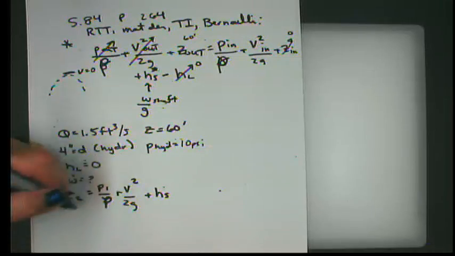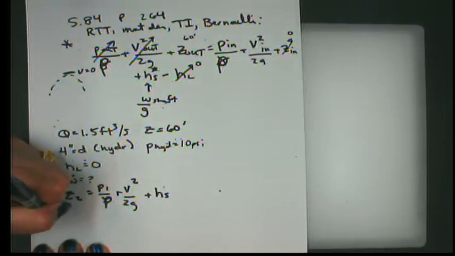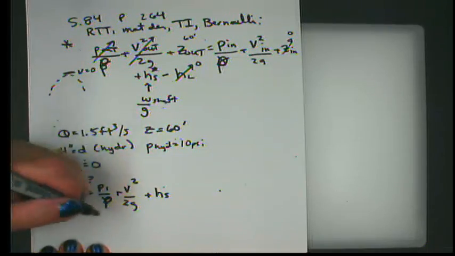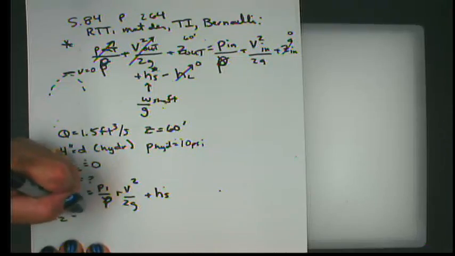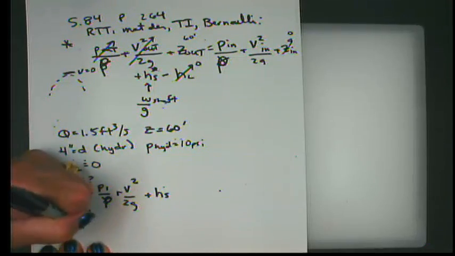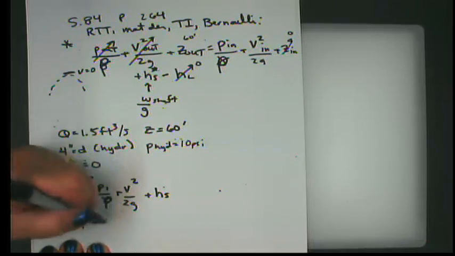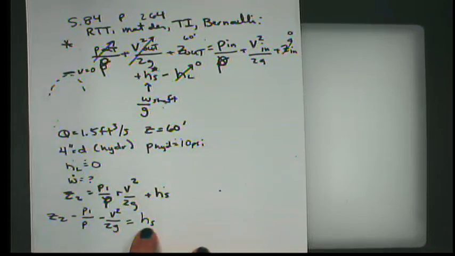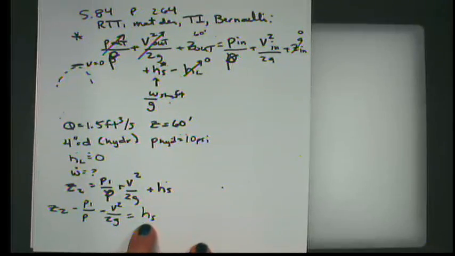Or we can say then that Z2, or delta Z is what it really is, minus P1 over rho minus V squared over 2g is equal to H sub S. And that's going to be the value of the power in feet, and then we're going to have to turn it into some sort of a power at the shaft or pump power.